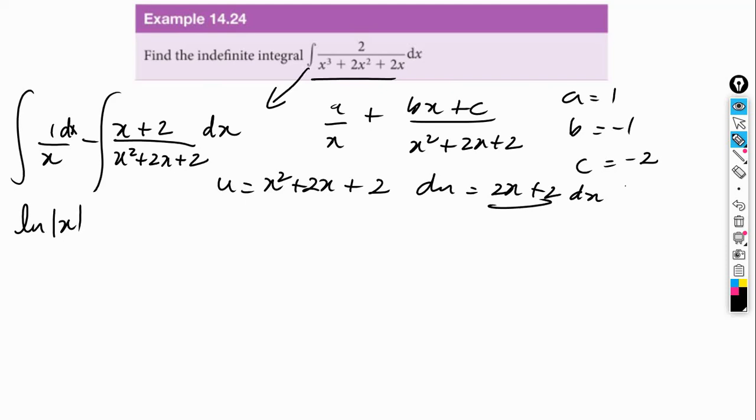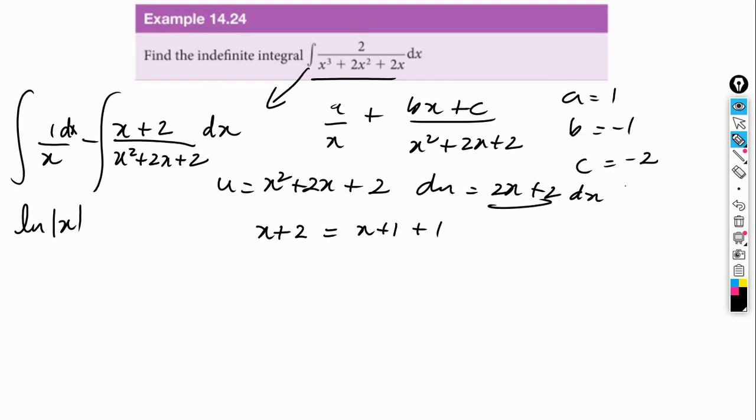So how can we make this work? Well, we can do a little trick here, because since we need to get 2x plus 2, if we had x plus 1 here, then we could do the integral. So notice that x plus 2 can be rewritten as x plus 1 plus 1. That is perfectly allowed, perfectly valid.